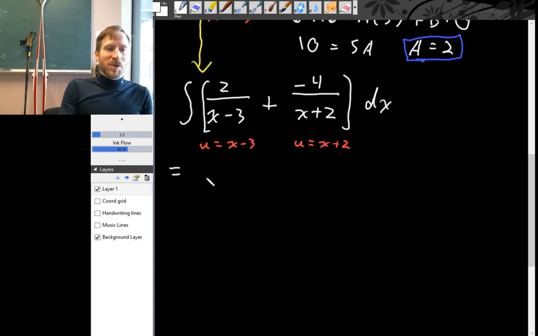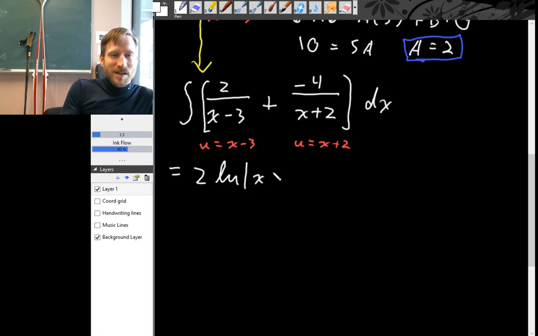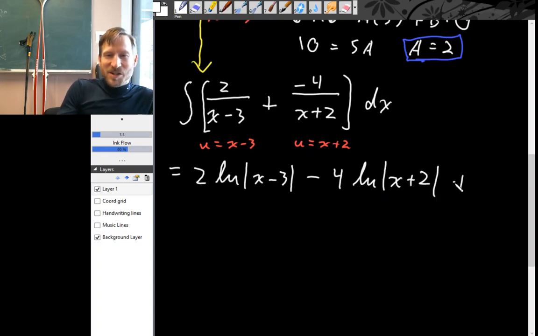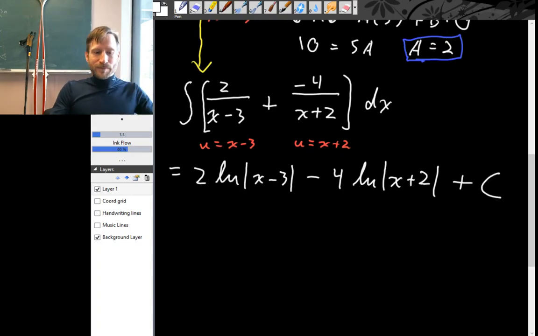What you end up with is 2 times natural log absolute value x minus 3, minus 4 times natural log absolute value x plus 2. And this was an indefinite integral, so of course plus C.